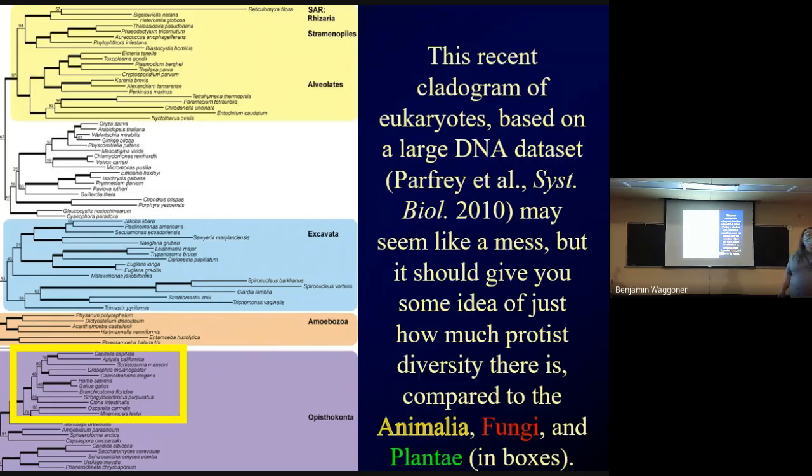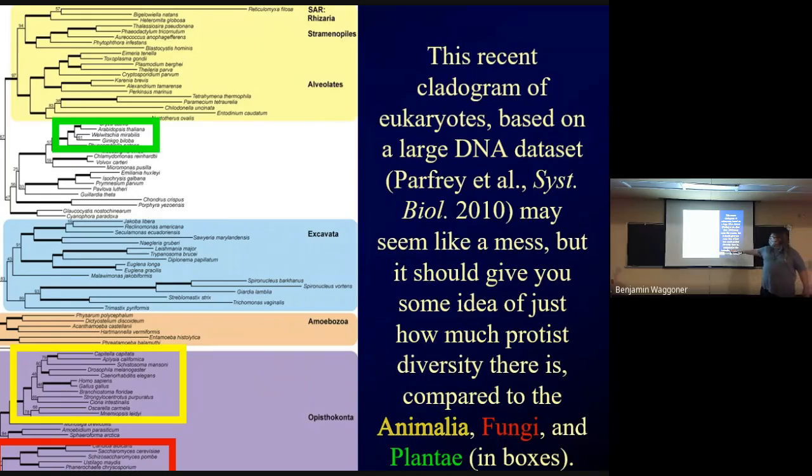That yellow box shows you where the animals are. All of the land plants are in the green box. Here, trying to make sure everybody's awake. And all of the fungi belong in the red box.